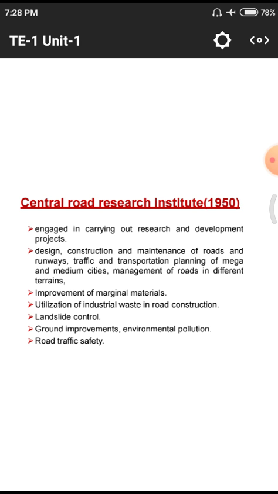That means while doing that activity they need to check the material strengths and properties and their implementation in the field, and all of those come under this engaged and carrying out research. Particularly, research means we need to check the material strength and properties in different conditions, so that we know how long the material will last in service.